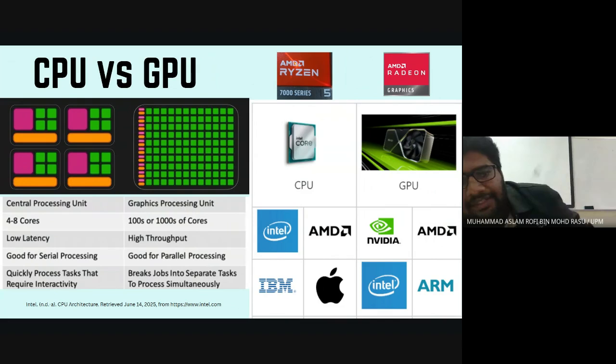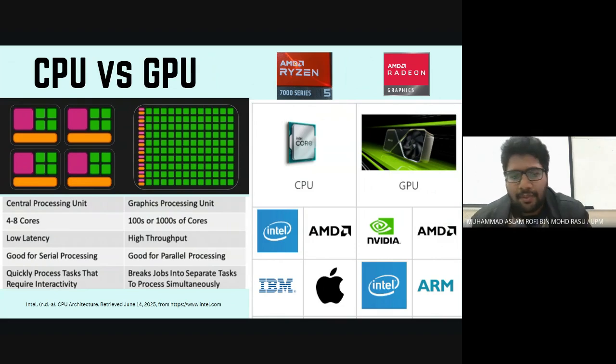Okay, so now we get into the GPUs. So recently you just heard me talk about GPUs. What is the difference? Whenever we buy computers, when we go to a shop, they will talk about CPUs and the GPU. Even if you look at any laptop, you just open it, you can see the sticker right here. Just like mine is AMD Ryzen 7000 series and AMD Radeon graphics. If you take a look at Intel, usually the best Intel is i7 or i9, and the graphics would be Nvidia.